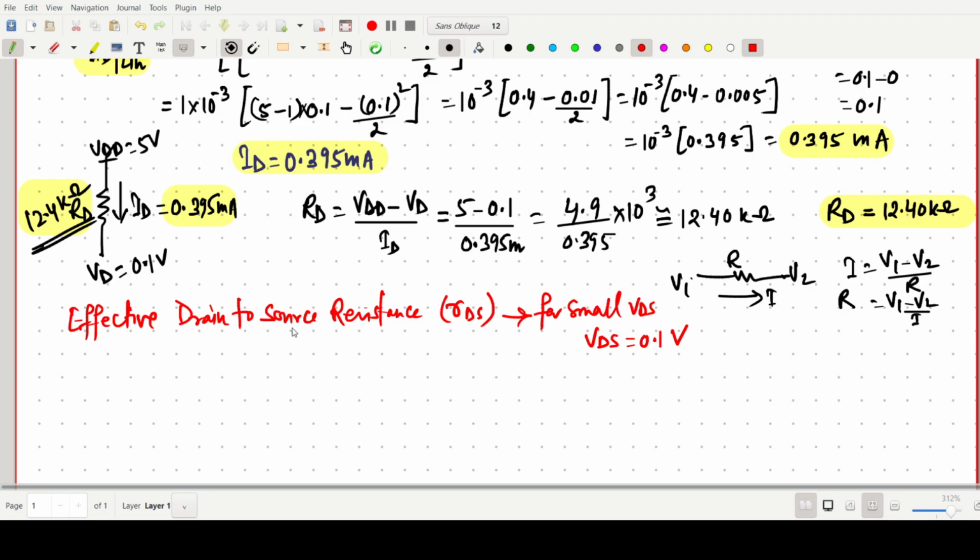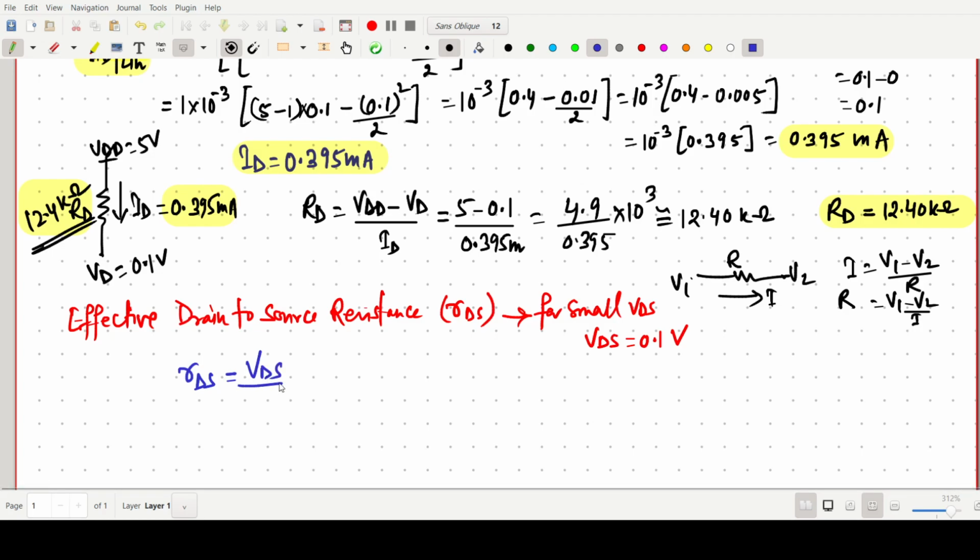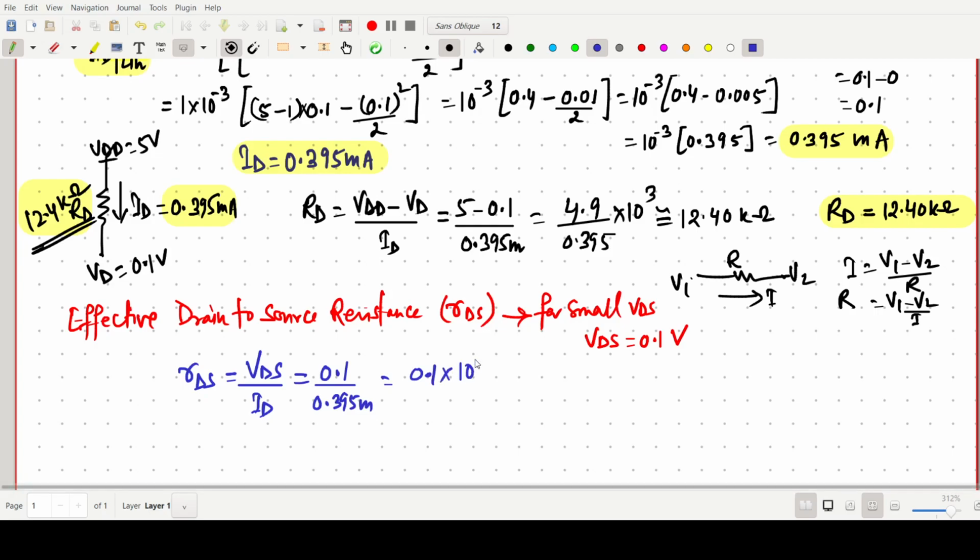So this RDS value will be simply drain to source voltage by the drain current in the linear region. So VDS is known to us, 0.1 volt, and ID is now known to us, 0.395 milli. Okay, so better to solve this one. We can write it 10 to the power 3. This 10 to the power minus 3, if we put it in the numerator, 10 to the power 3 by 0.395.